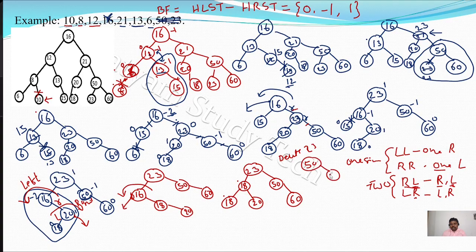Here it is 23, but you cannot write 23 here. It is 50. But for better understanding, I can write that 23 also here. Okay, here it is 18. Don't get confused here. Okay, because 23 is left of 50 only, not here, but that is the deleted node.